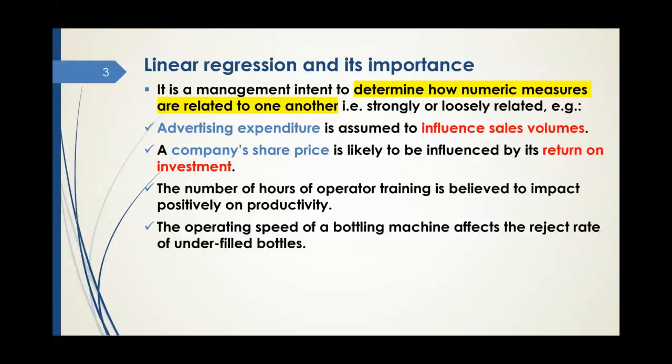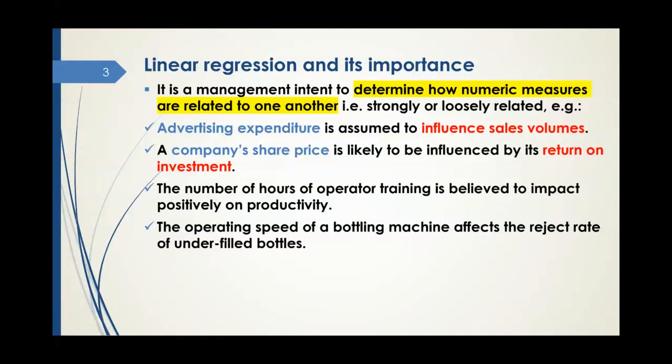Okay, so again, actually here it's the other way around. Your company's share price is actually the dependent, because if the return on the company increases, then the share price, the value of the company, should increase, okay? So this is then your dependent, and this is then your independent, okay?